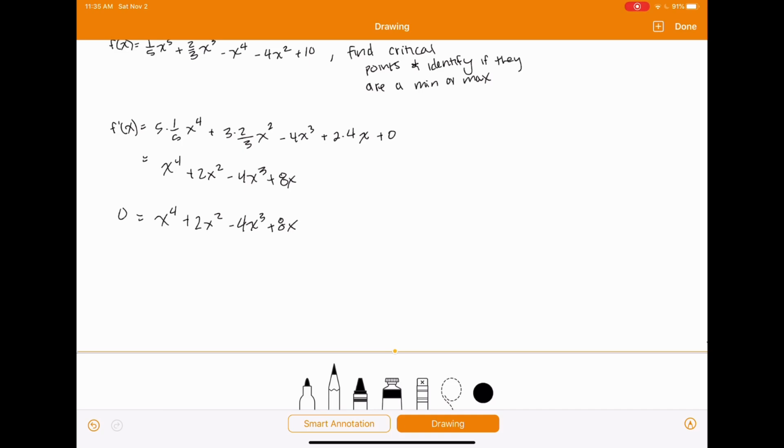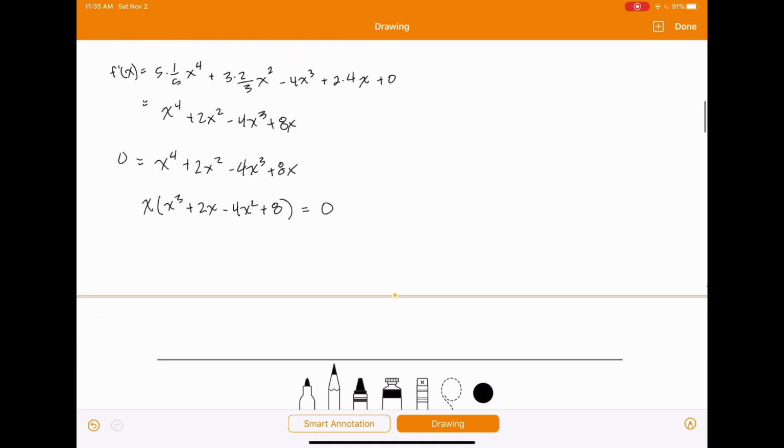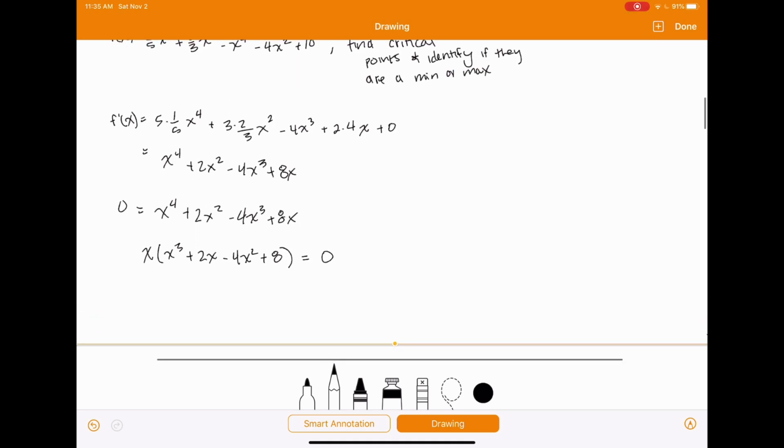So to do that, I'm just going to go ahead and pull an x out in front. So we get x cubed plus 2x minus 4x squared plus 8. And I'm going to bring the 0 to the other side just because I'm more comfortable working with it over there. And then I'm going to go ahead and break this down into 2 groups.